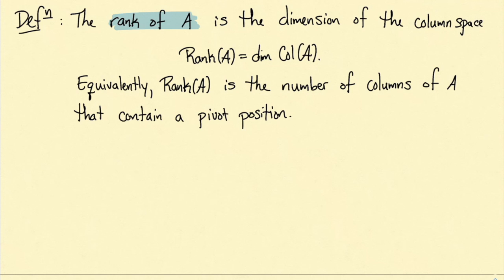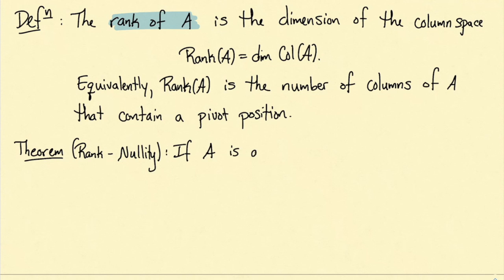This new vocabulary allows us to write down an important relationship between the dimensions of these two spaces. This is called the rank nullity theorem. The rank nullity theorem says if A is an m by n matrix, then n is the dimension of the null space of A plus the rank of A.